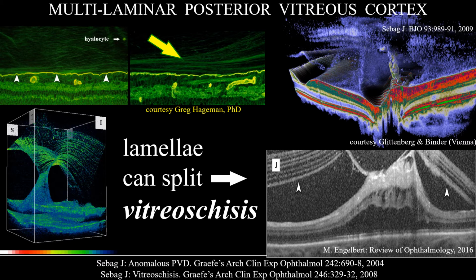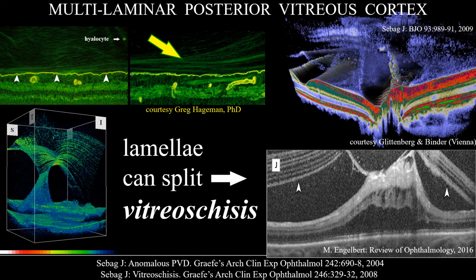To understand the role of hyalocytes in pathology requires an understanding of the underlying anatomy, and specifically an appreciation of the multi-laminar structure of the posterior vitreous cortex, as has been demonstrated in monkeys with immunohistochemistry by Greg Hageman, in the images to the upper left.